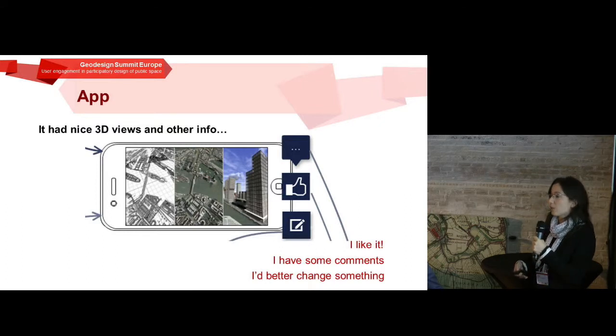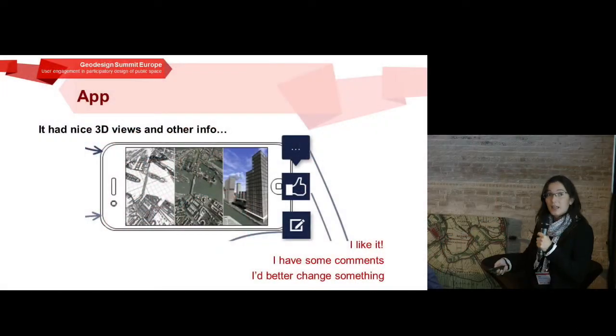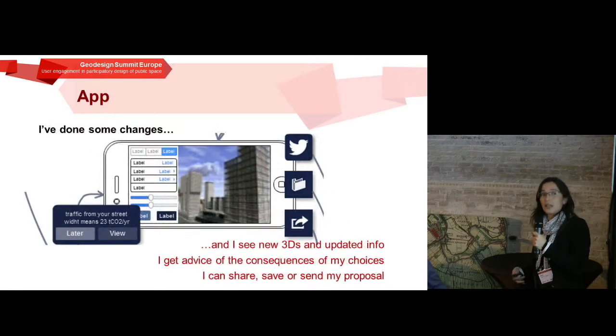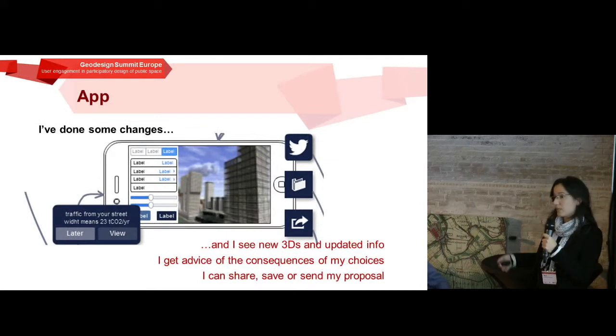He can say, for example, oh, I like it, and share it on the social networks. That will be, we think, powerful to make other citizens aware that something is going on. He could make some comments and publish them on the platform, so other users and also the local government are aware of that. And then we think the most powerful thing could be that he could edit some things of that plan. I don't know, the street width, as we said.